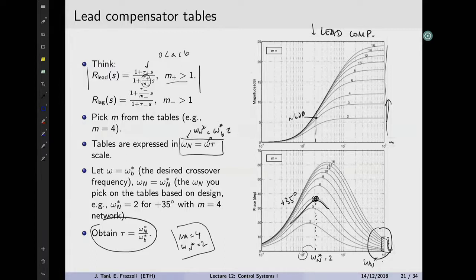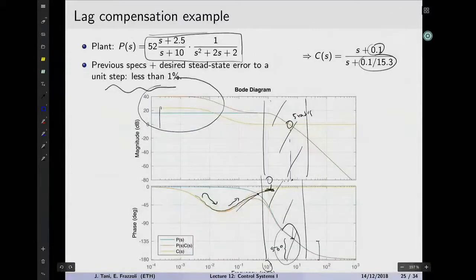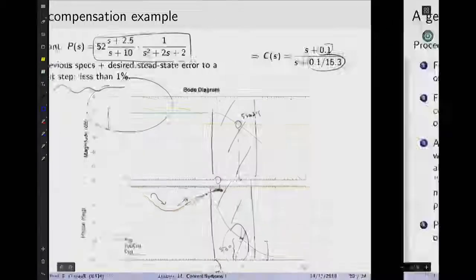But the general idea is you use lead and lag networks to change the open loop transfer function locally. And you want to choose the elements you design, the lead and lag networks, such that it is locally good enough with respect to your specific exercise. In this case, locally for the lag network means that the phase contribution needs not to affect the crossover frequency.